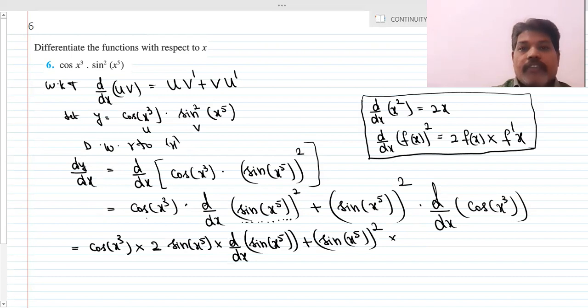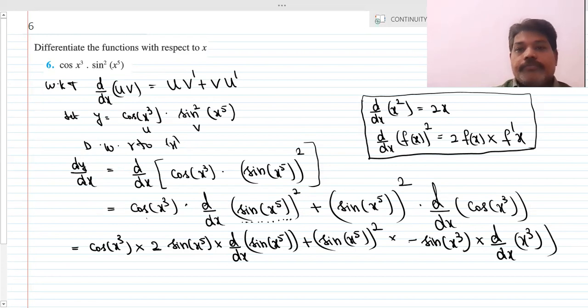We already know that the derivative of cos of f of x is minus sine f of x into derivative of x cube.